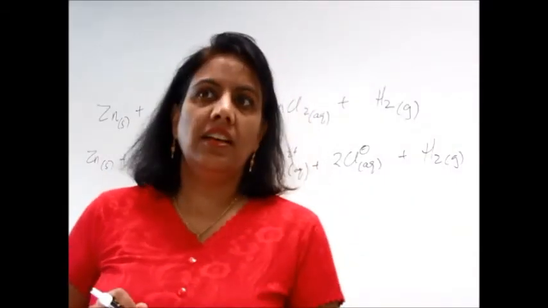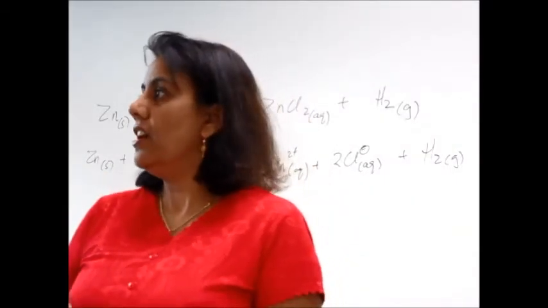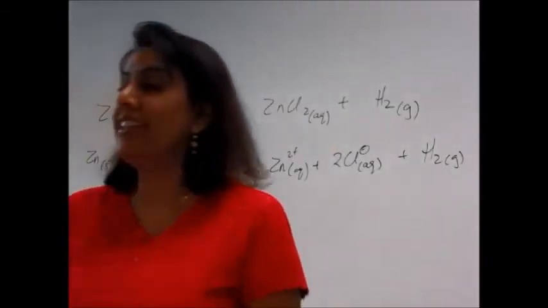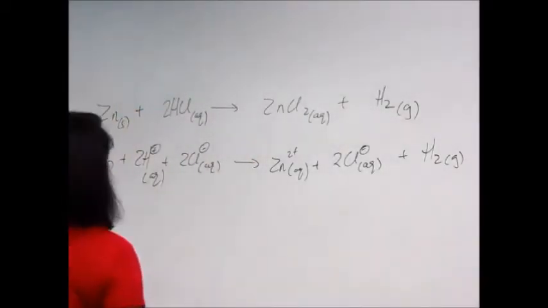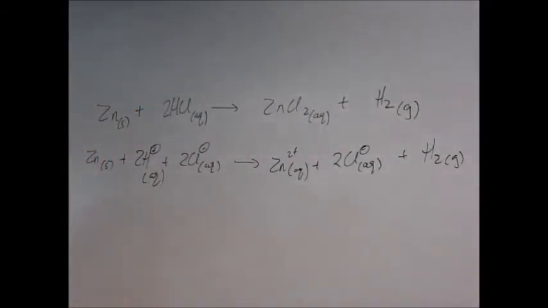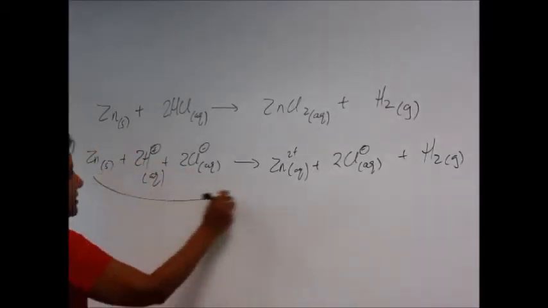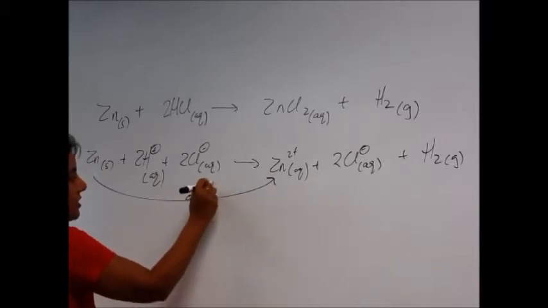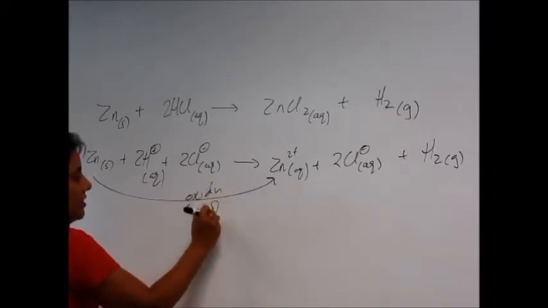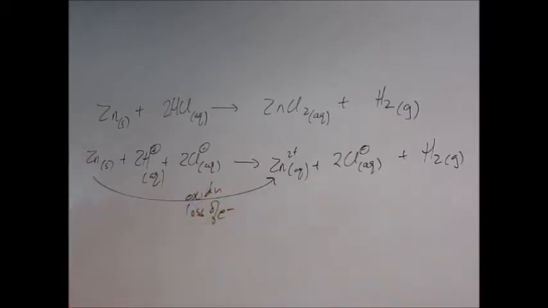It got oxidized. Confidence, please. Okay. You don't even have to think that much. Zinc is losing electrons. If it's losing electrons, that is oxidation. Okay? Should not be taking you this long to do this.